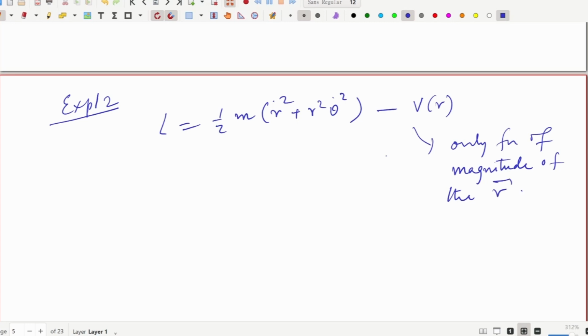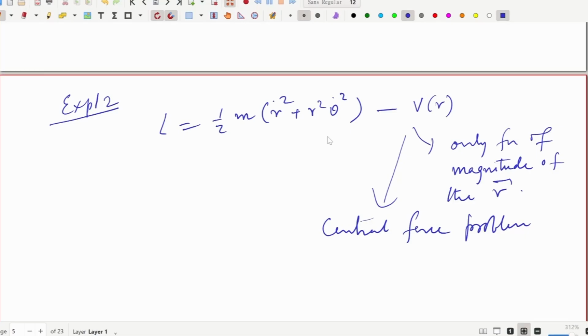This kind of system is called the central force problem. Later we will see that for the central force problem, where the potential or the force depends only on the magnitude of the position vector, angular momentum is conserved. We will learn this two body central force problem later in this course. So, this system is rotationally invariant.